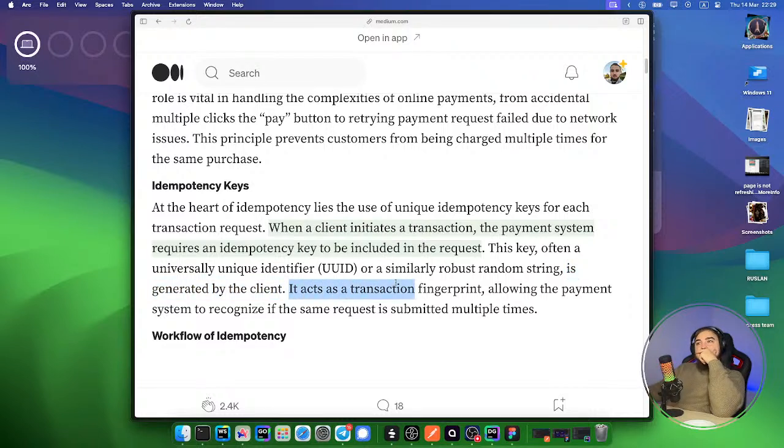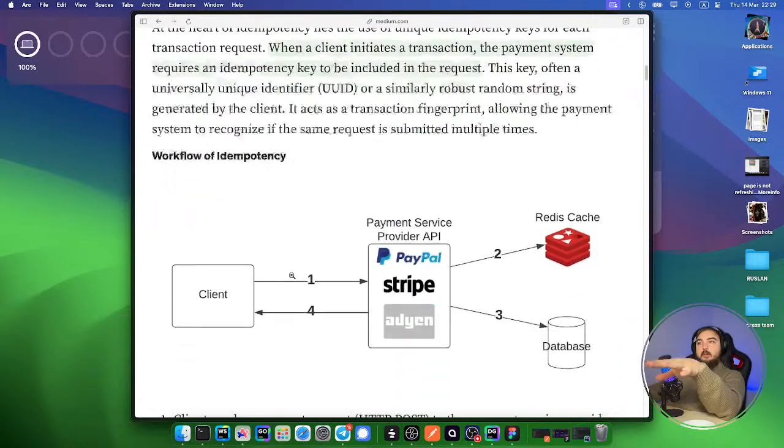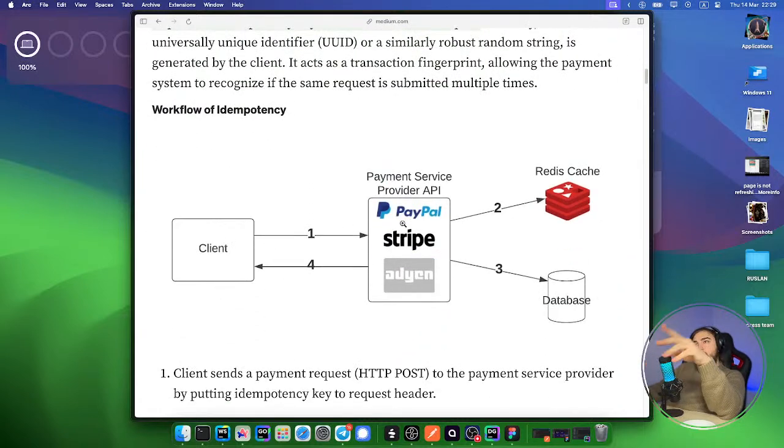"It acts as a transaction fingerprint, allowing the payment system to recognize if the same request is submitted multiple times." It's interesting because, as far as I understand how it works, the client sends the request, and the payment service checks in a Redis cache whether the request is processing, probably.